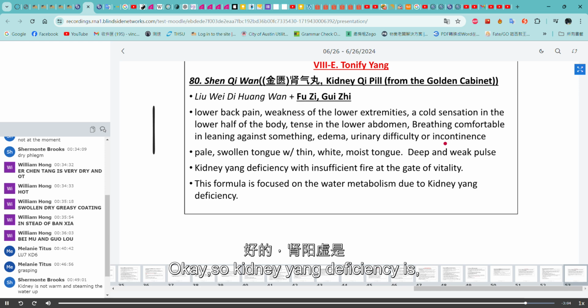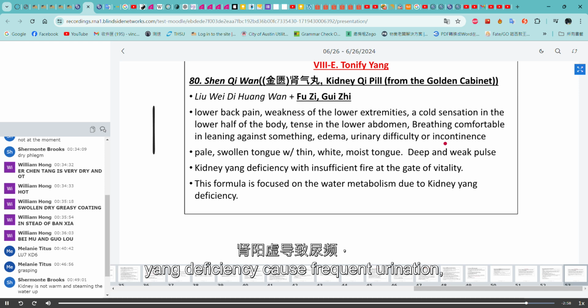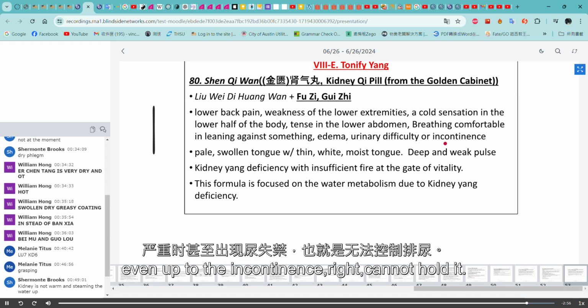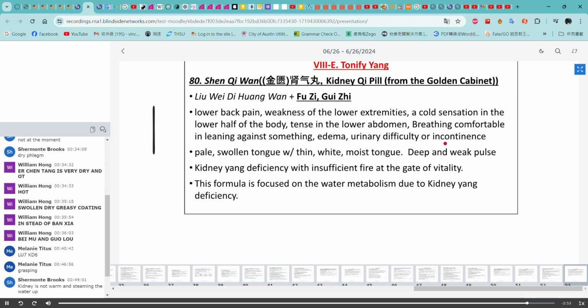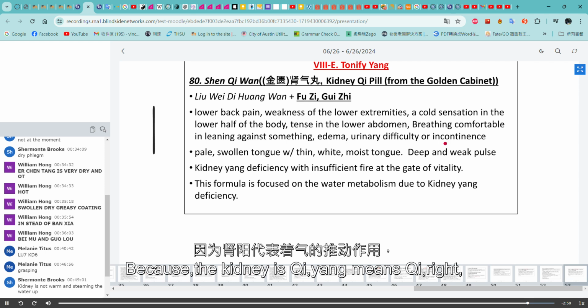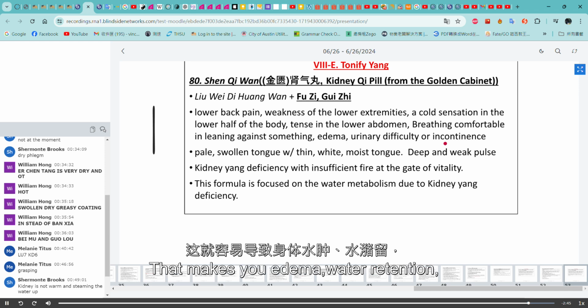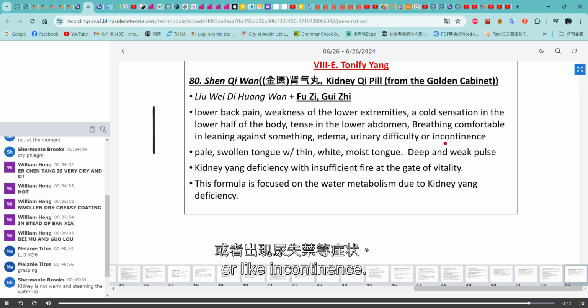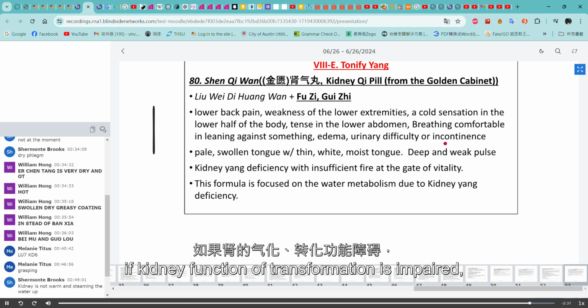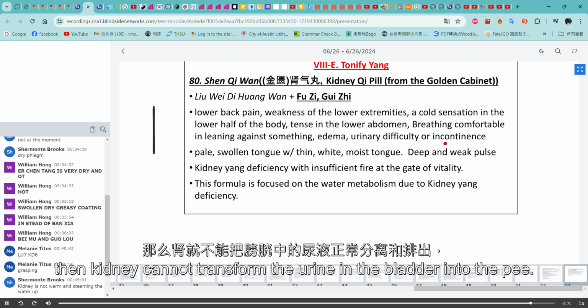Okay, so yeah, more commonly kidney yang deficiency causes frequent urination, even up to incontinence. Right? Cannot hold it because the kidney qi, yang means qi, right? Cannot hold, cannot transform. That makes you have edema, water retention, or incontinence. But if kidney transformation is impaired, then the kidney cannot transform the urine in the bladder into the pee.